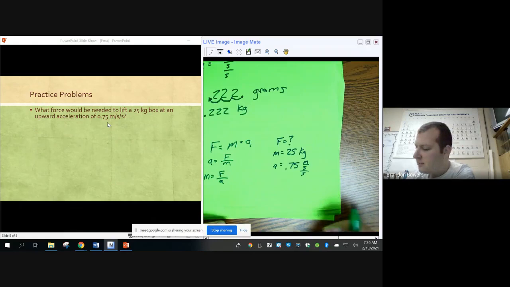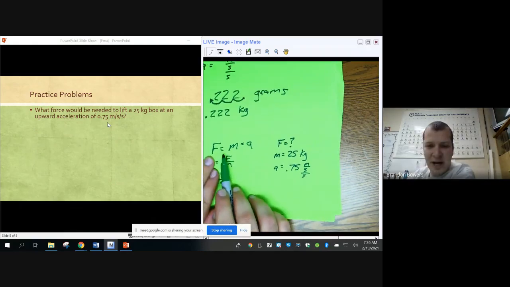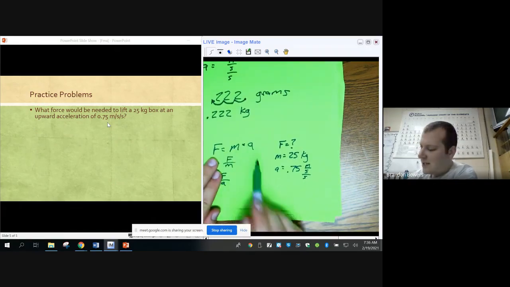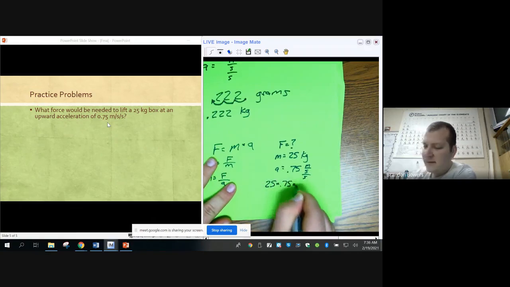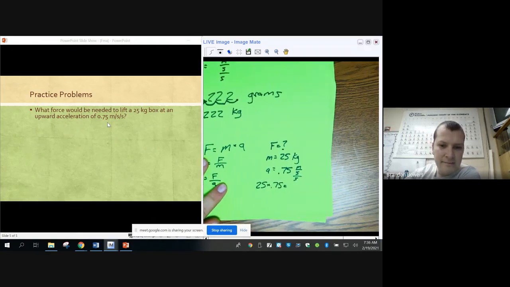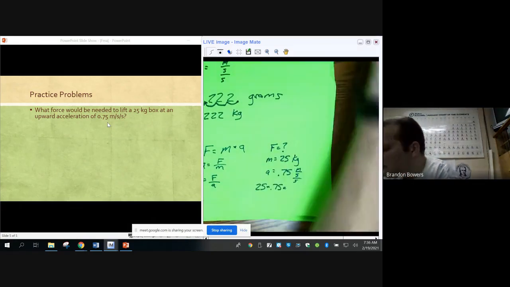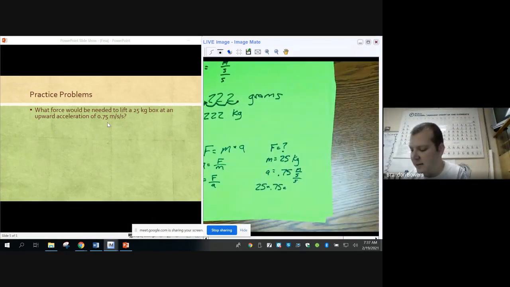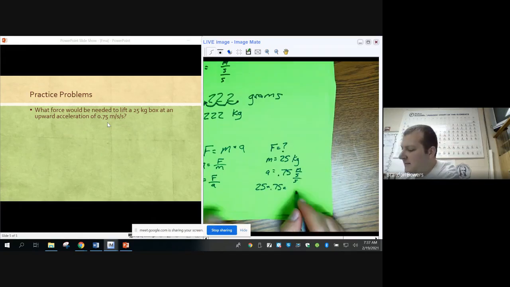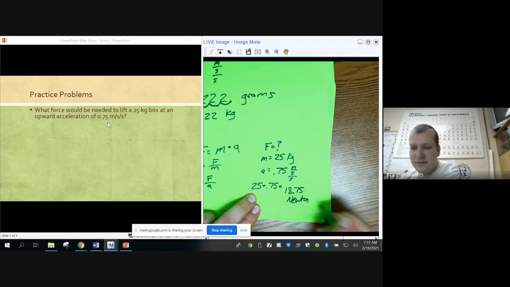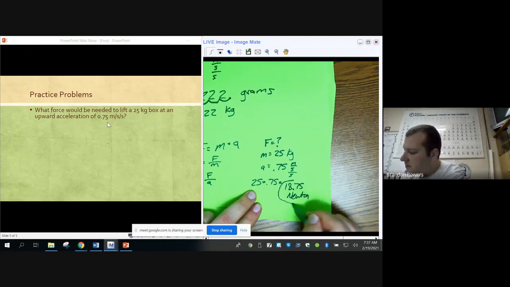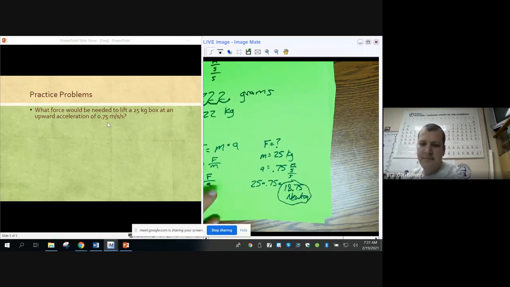If I'm solving for F, I just have to do M times A, so 25 times 0.75. Plugging it in the calculator, I got 18.75. Now, what's the unit for force? Good, it's newtons. 18.75 newtons.